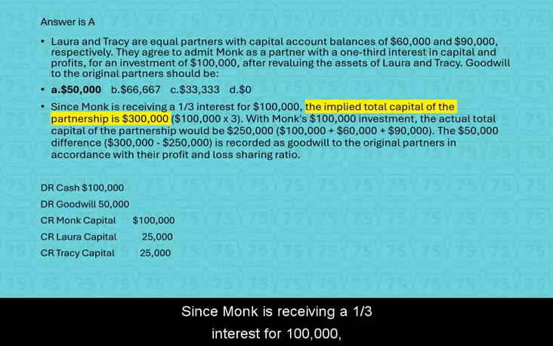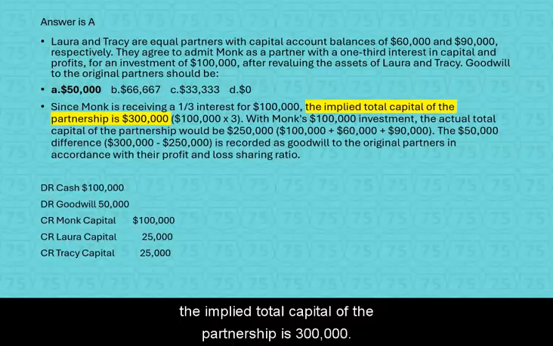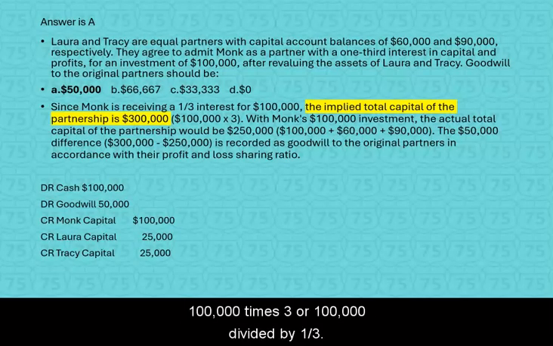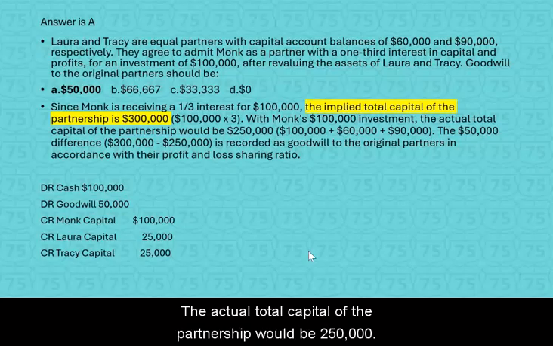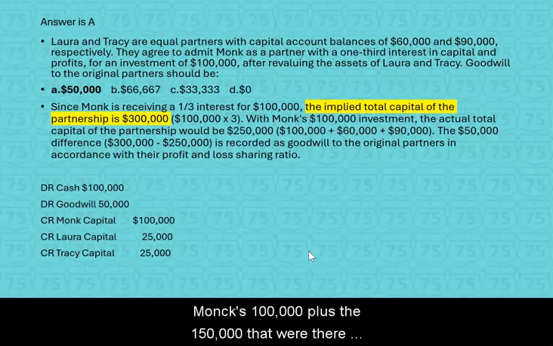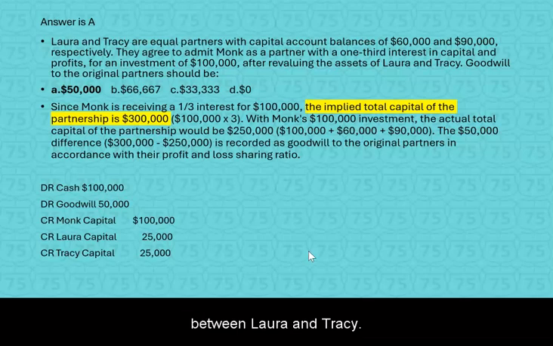Since Monk is receiving a 1/3 interest for $100,000, the implied total capital of the partnership is $300,000: $100,000 times 3, or $100,000 divided by 1/3, same thing. With Monk's $100,000 investment, the actual total capital of the partnership would be $250,000, Monk's $100,000 plus the $150,000 that were there between Laura and Tracy.